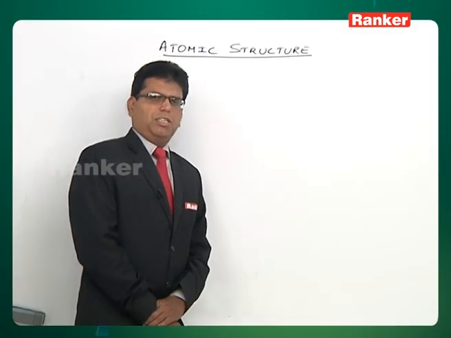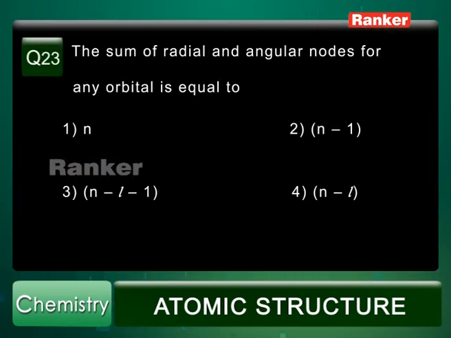Now in question number 23, it asks: the sum of radial and angular nodes for any orbital is equal to.